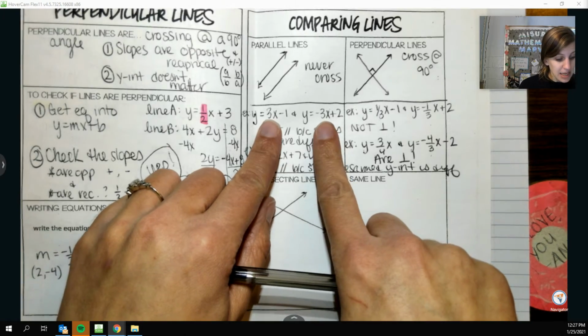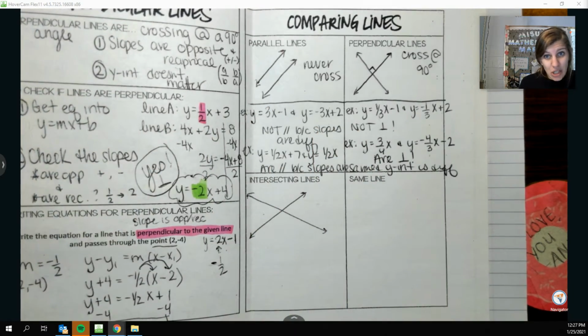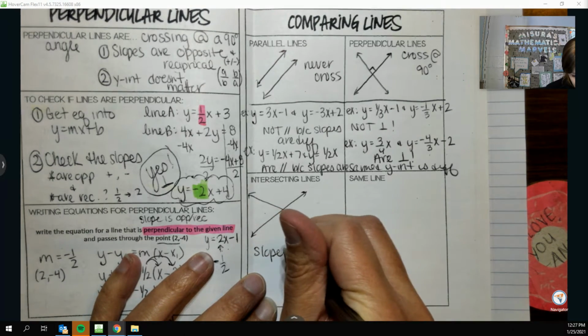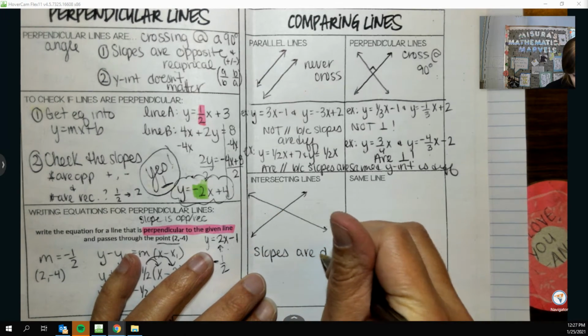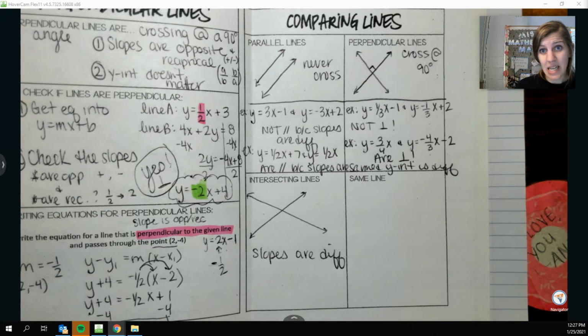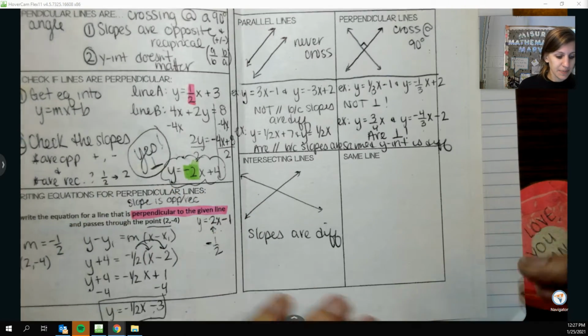Similarly, with these ones, like it was 3 and then -3, and they're just intersecting. So that happens when your slopes are just different, and they're not any special difference. Like one might be positive, one might be negative. They might both be positive, but different numbers. All those lines will intersect each other.